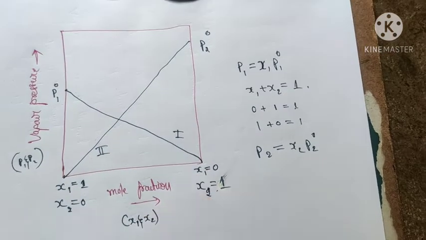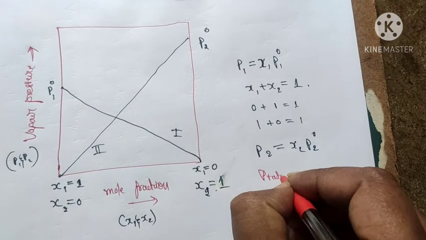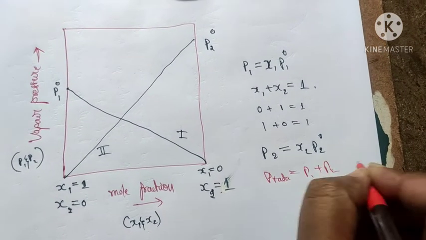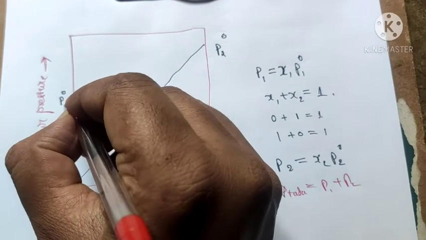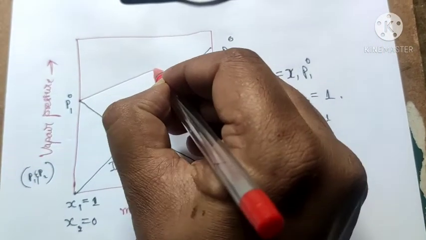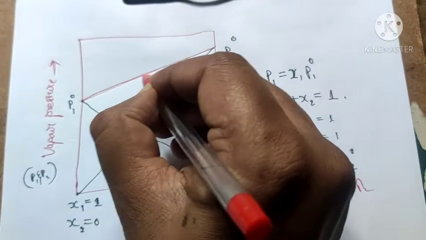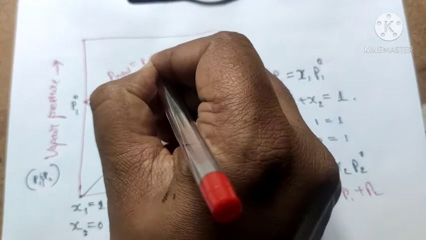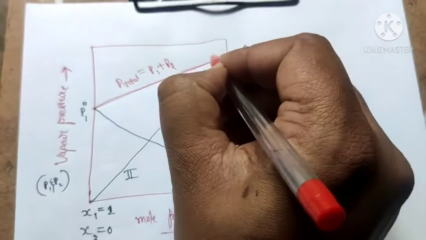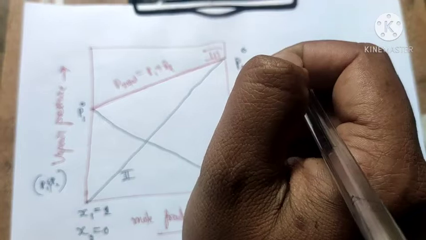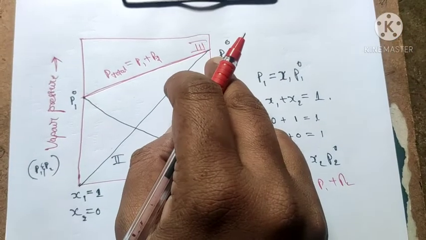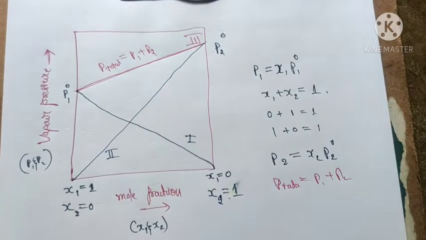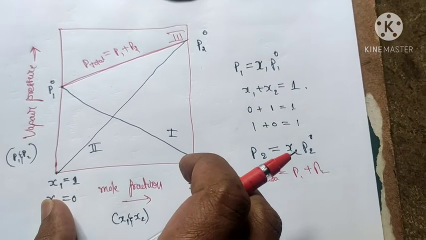The P total is P1 plus P2, and this is the third line. P total is equal to P1 plus P2. This is one of the graphical representations.